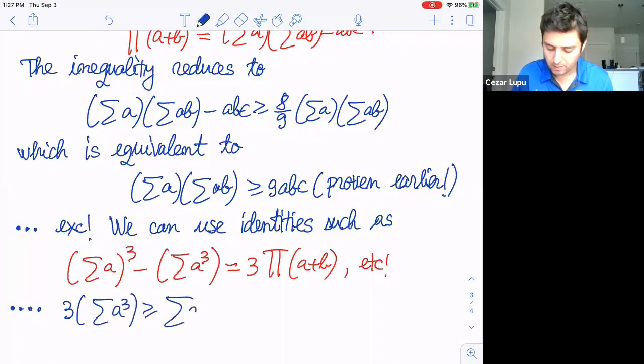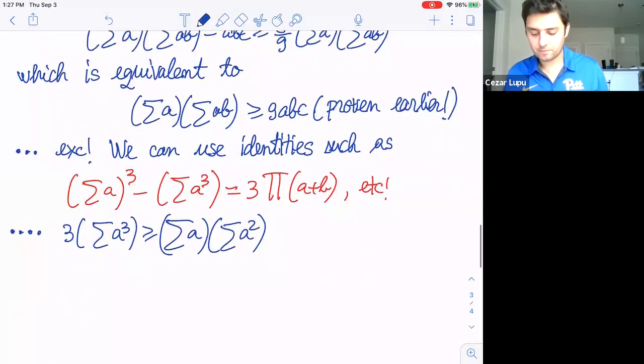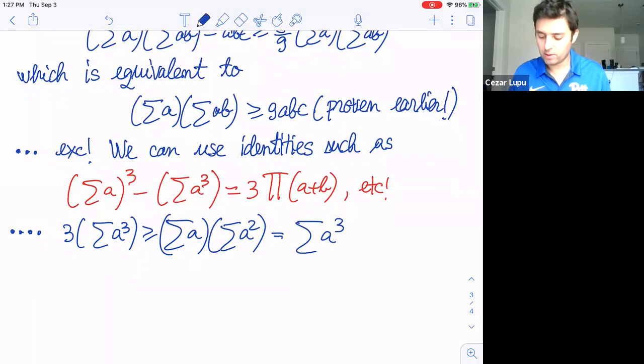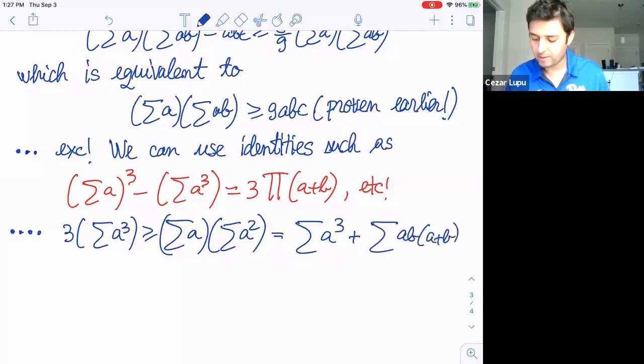Anyway, the last one, we have to prove that 3 times the sum of a cubed is greater or equal than the sum of a times the sum of a squared. Well, if you expand this, it will give you the sum of a cubed, plus, when you multiply, let's say ab squared, ac squared, or the other way around, it will give you the sum of ab times (a plus b).